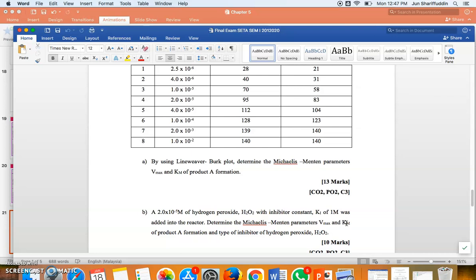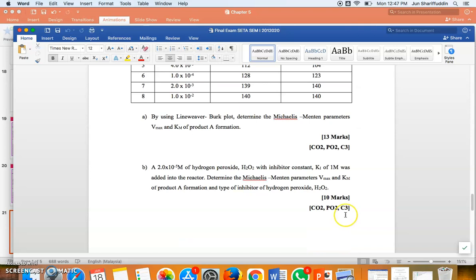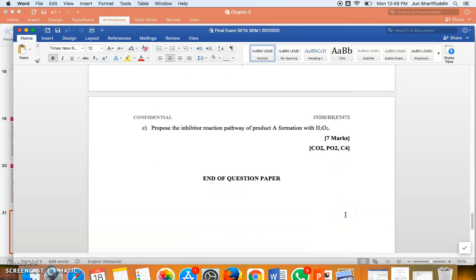Whether the hydrogen peroxide acts as a non-competitive, uncompetitive, or competitive inhibitor, right? Part C proposes the inhibitor reaction pathway. Although the marks seem big, it's actually a simple mechanism, right?